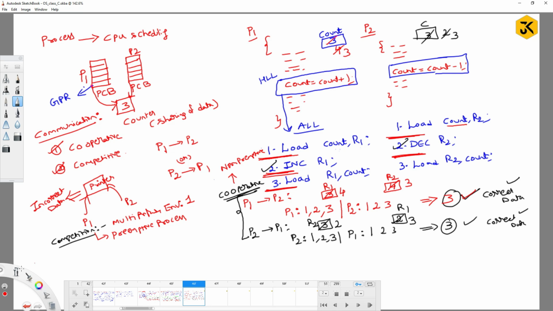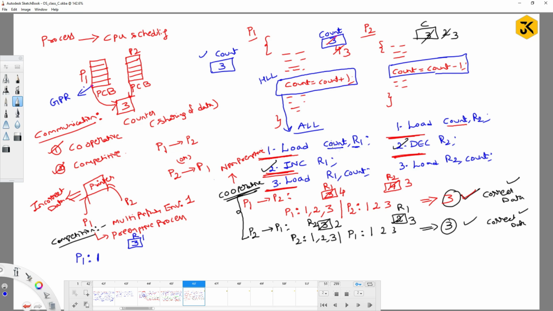Try to observe. If I am trying to execute the process 1 and count variable will be assumed as 3, right? If it is executing line 1, local register R1 created. Now R1 contains what data? 3, because count variable is loaded into R1.